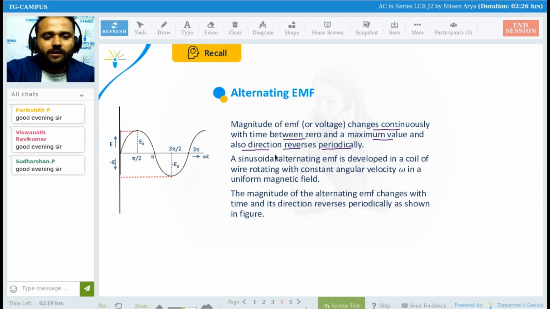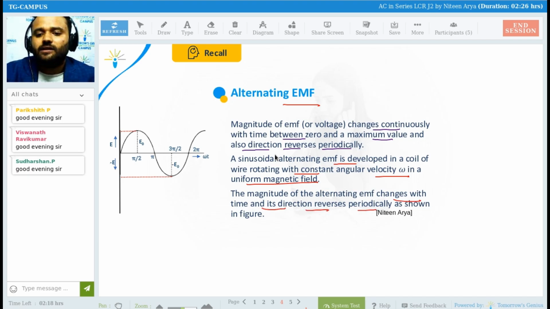So this kind of EMF and this kind of current is basically known as alternating EMF or alternating voltage or current. A sinusoidal alternating EMF is developed in a coil of wire rotating with a constant angular velocity omega in a uniform magnetic field. The magnitude of the alternating EMF changes with time and its direction reverses periodically, as shown in the figure.